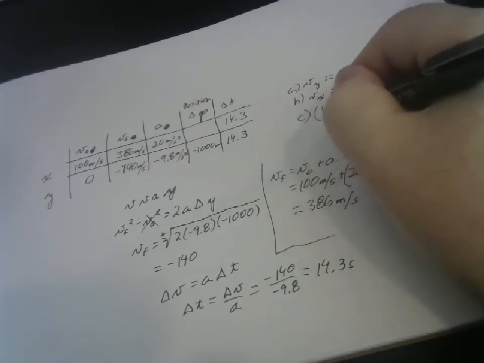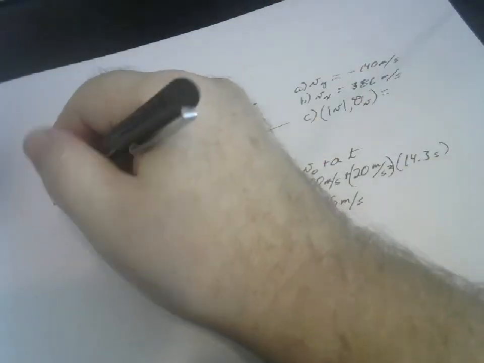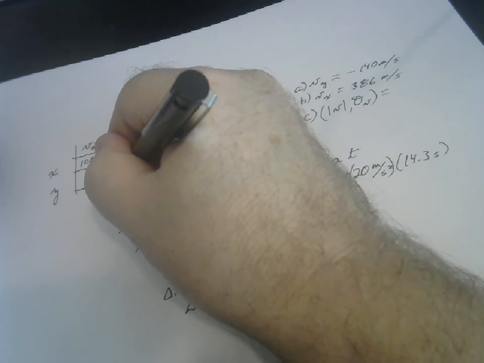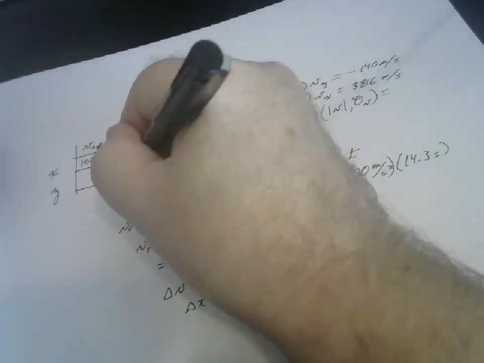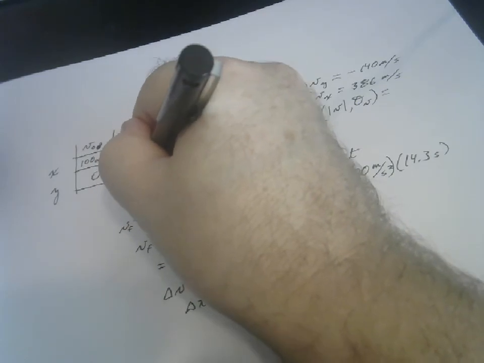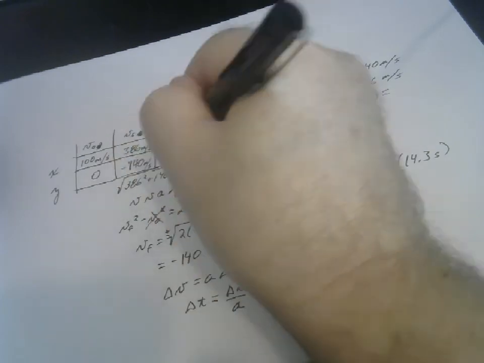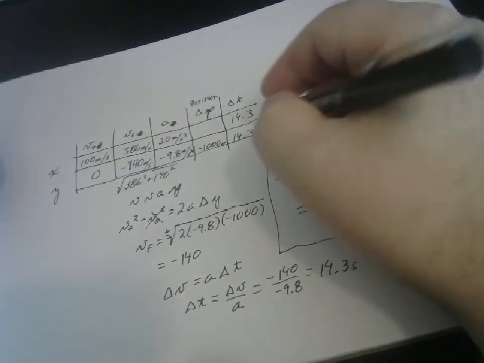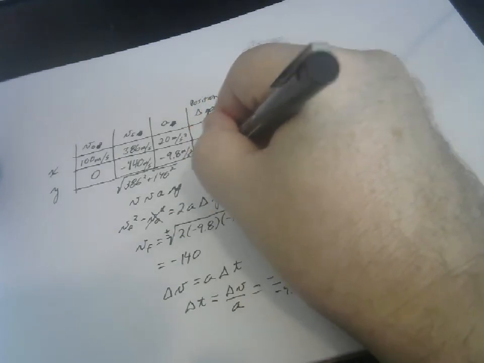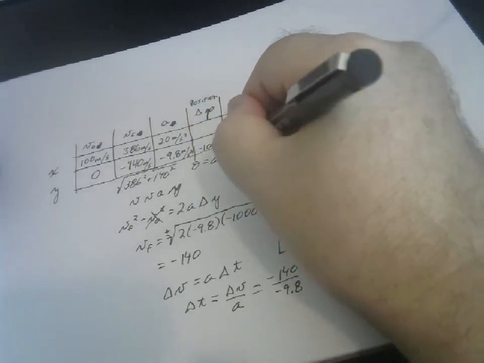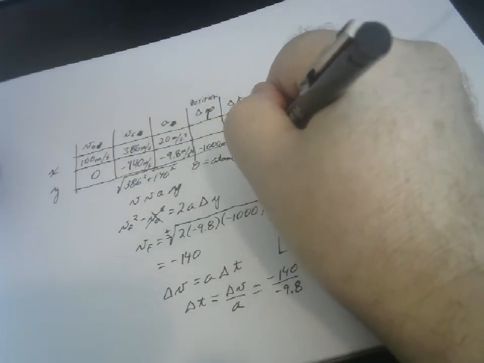And then to solve this, we need to take the square root. The total is the square root of 386 squared plus 140 squared. And then the angle will be theta equals arctangent of delta y, negative 140, divided by delta x, 386.